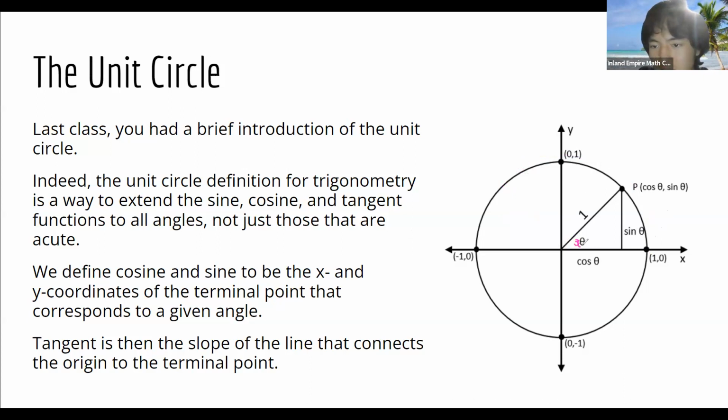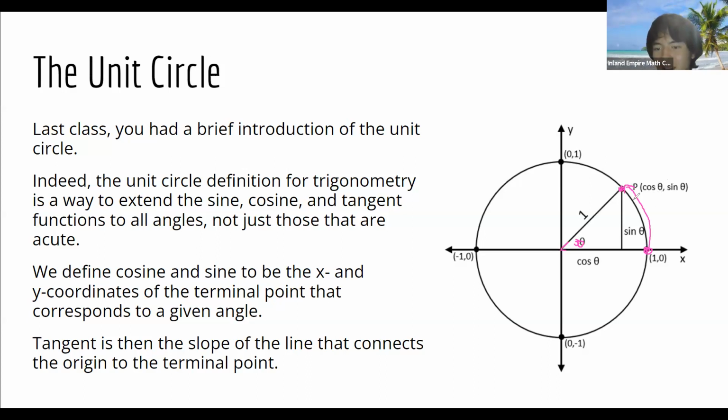Then what happens is that you take this point and you rotate it 30 degrees counterclockwise along the unit circle, right? You move it along the circle until this angle here is 30 degrees. And then you define cosine and sine to be the x and y coordinate of this resulting point.